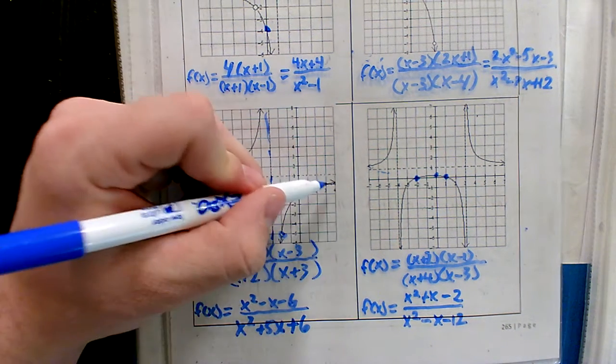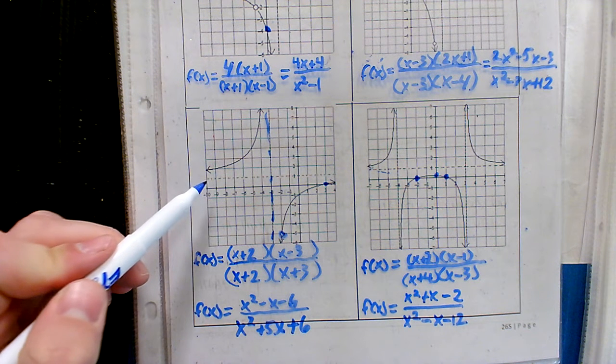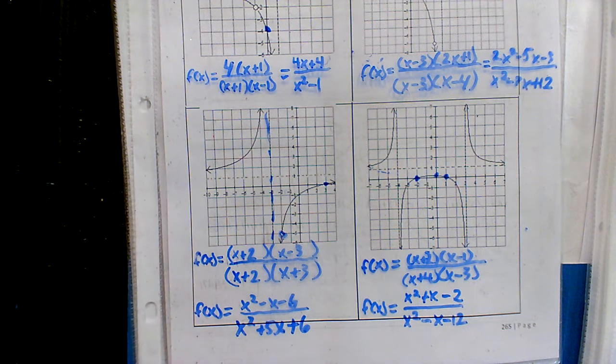The x minus 3 on the top for your zero. Multiplied out, you get x squared minus x minus 6 over x squared plus 5x plus 6. Equally heavy, so the coefficients are 1 over 1, so the horizontal asymptote is at 1. So those are all four answers up there.